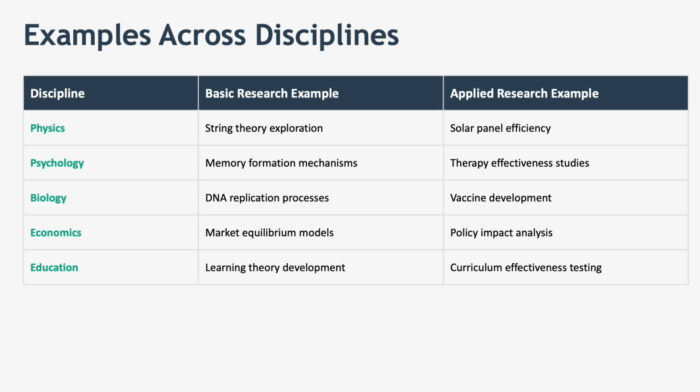In economics, basic researchers develop theoretical models of market equilibrium or game theory, while applied economists analyze policy impacts or forecast economic trends.